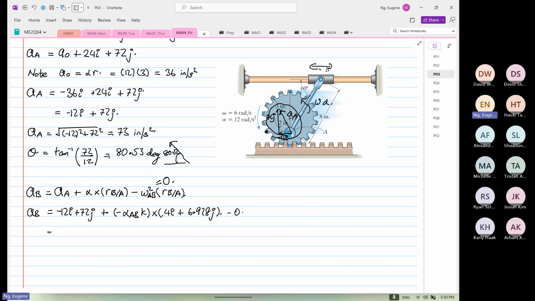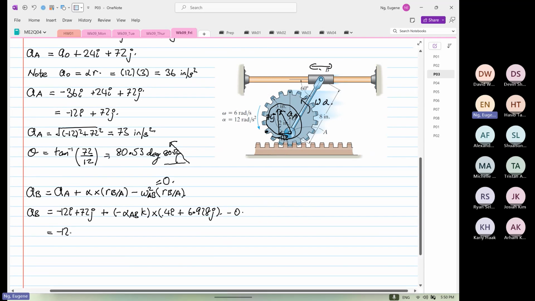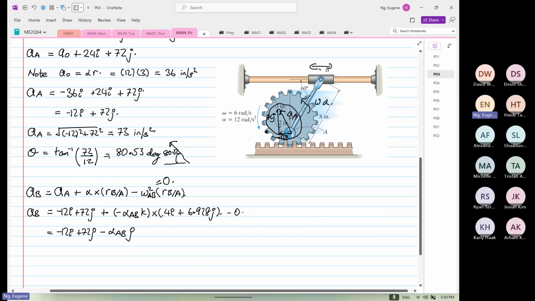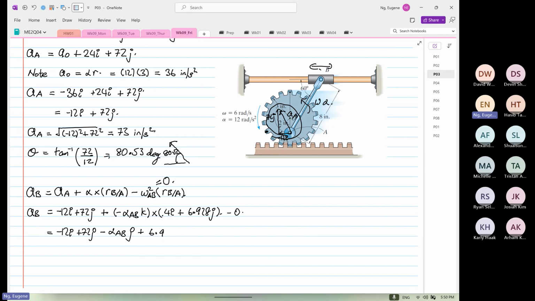So from here, you have minus 12i plus 72j. K cross i is positive, so it's minus alpha AB j. K cross j is negative, so plus 6.928 alpha AB, and this is in the i direction.